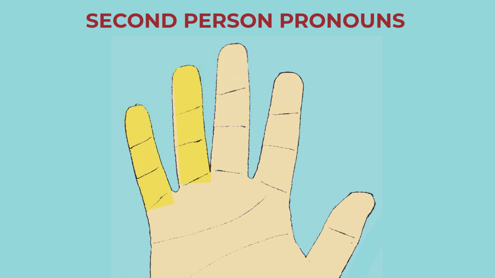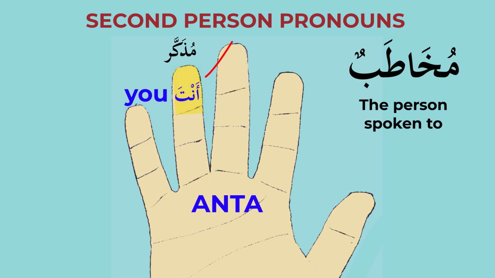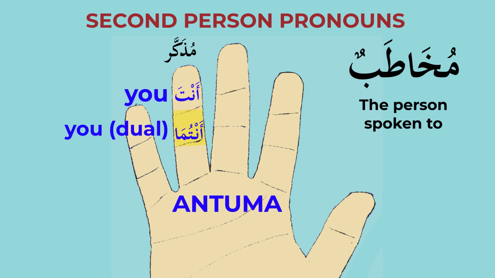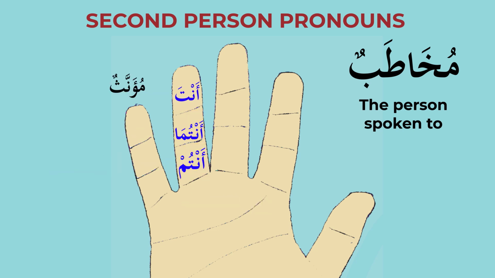And then we come to al-mukhatab, which is masculine, al-mudhakkar, and that is anta. See, the hamza of anta is hamzatul qata. I put a little neck of hamza on it. It's like putting a dot. Next one, antuma. And plural, antum. What will be the fourth finger? Feminine.